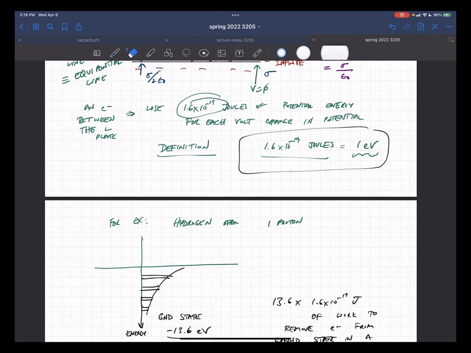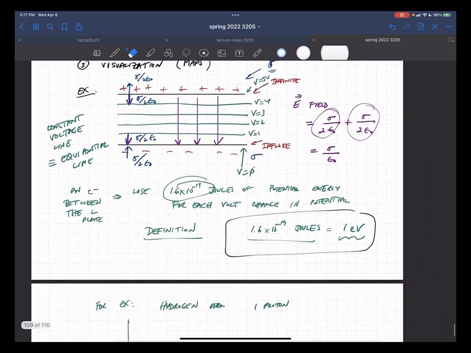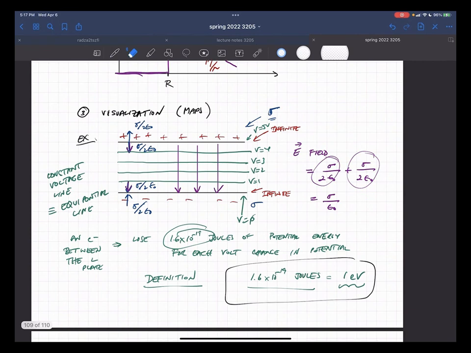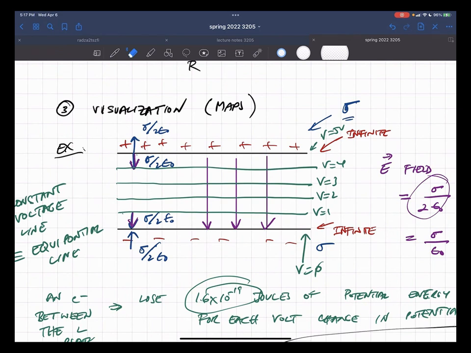Okay, all right. So anyway, sorry about that tangent. Now back to what we talked about. This visualization of equipotential lines allows you to see the potential energy that you would have in space.